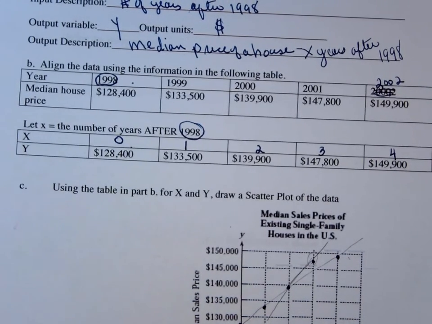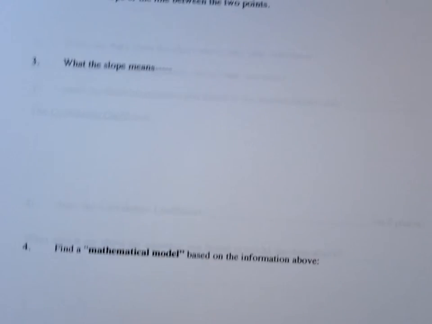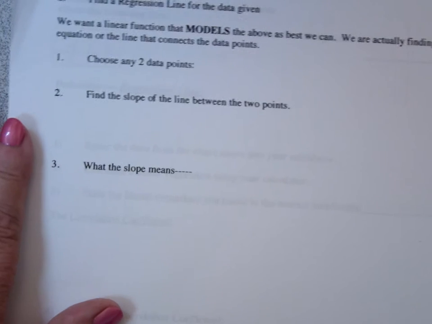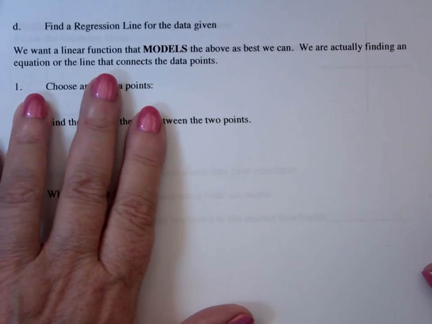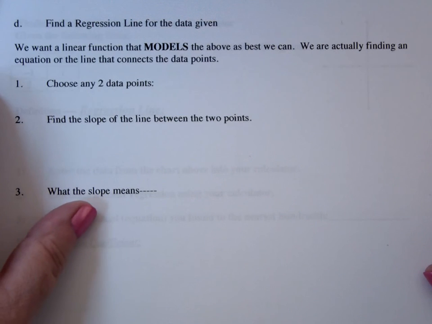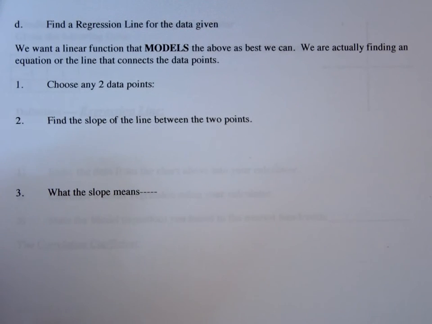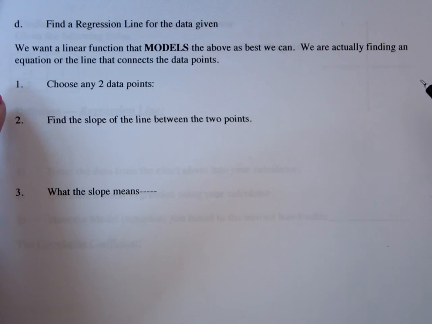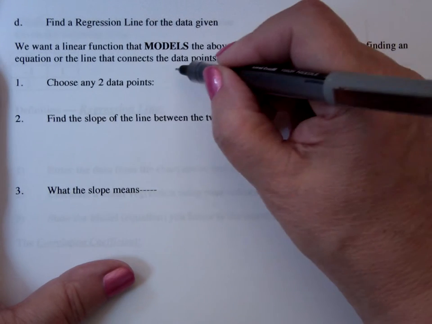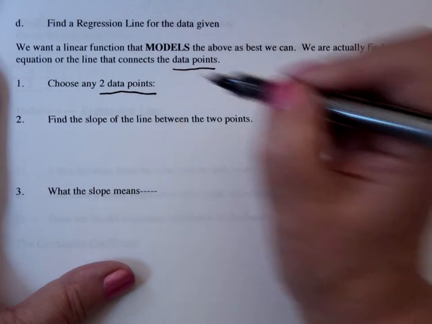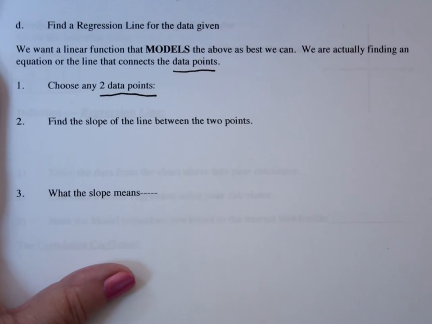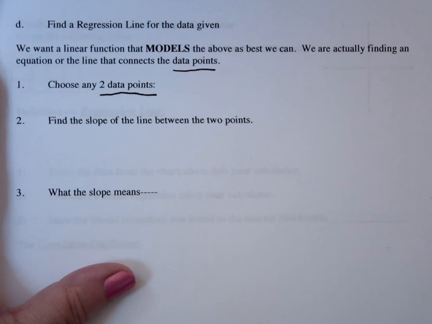So as we continue on the next page, it says, now we want a linear model, and to model the data as best we can. We're actually finding the equation of the line that connects data points. So we're going to choose any 2 points. Doesn't matter which 2 we pick.